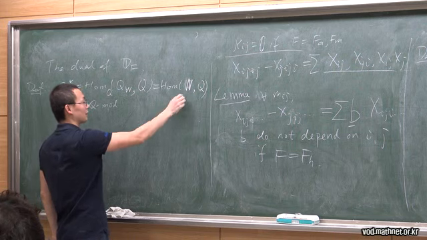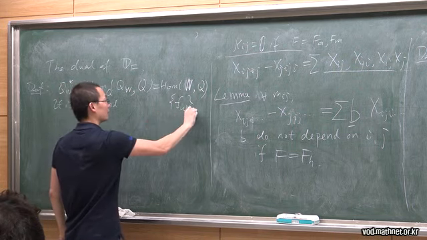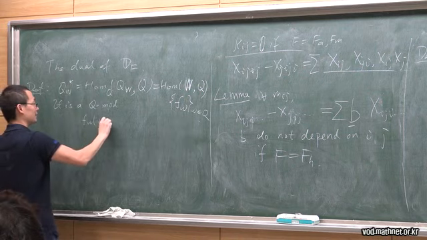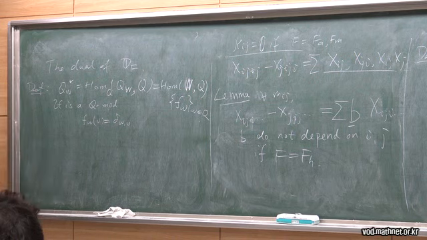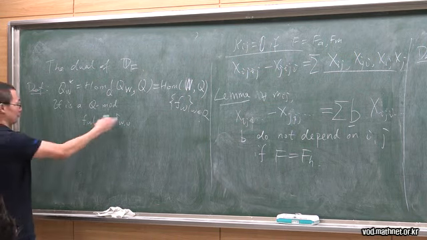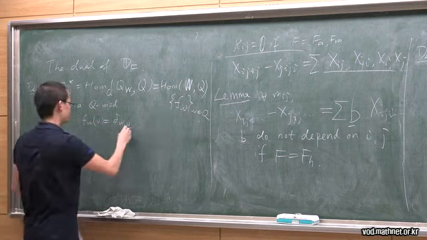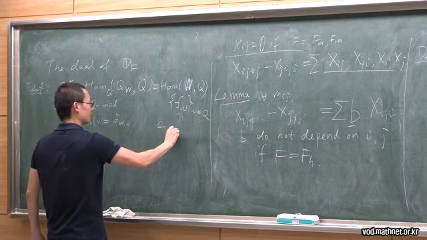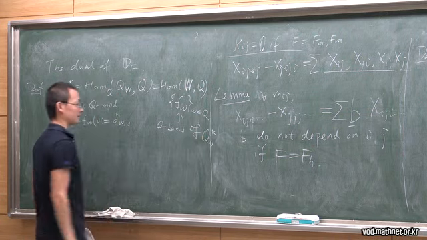And of course, then you have this characteristic function Fw, in the sense that Fw of V is equal to 1 if W equals V, and 0 if W is not equal to V. Okay? So Fw is a basis of W star.